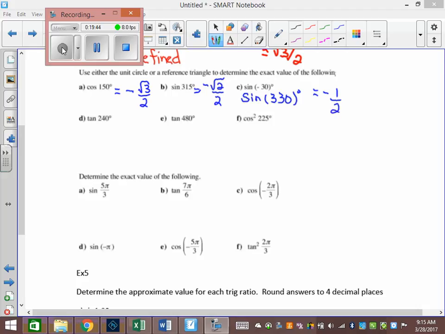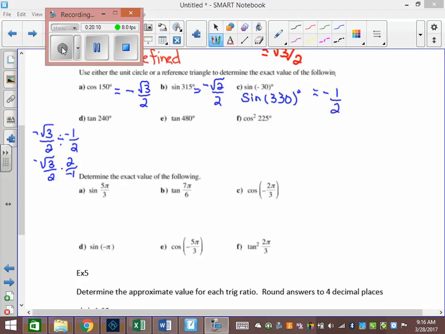Tan of 240. So we go to 240, and tan is sine divided by cos. So it's going to be negative root 3 over 2 divided by negative a half. When you divide fractions, what do you do? You multiply by the reciprocal. So you get negative root 3 over 2 times 2 over negative 1.